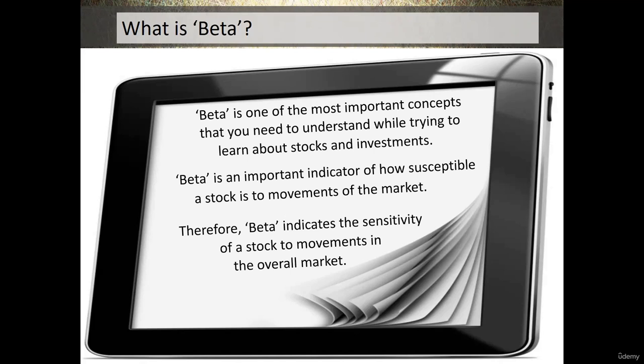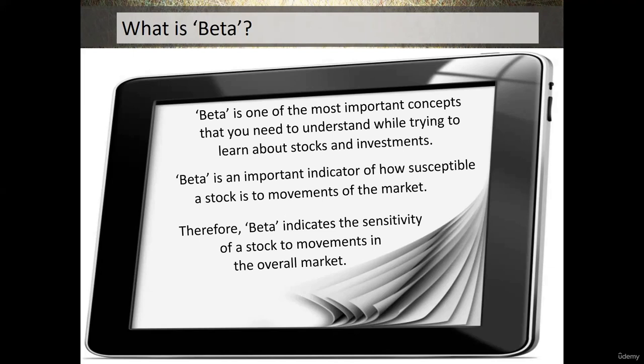But this total risk is a combination of systematic and unsystematic risk. Got it? Now what happens? Both of these risks are different from each other, exclusive to each other.